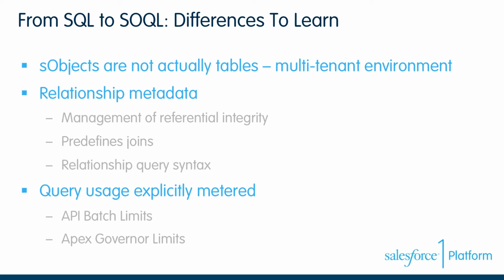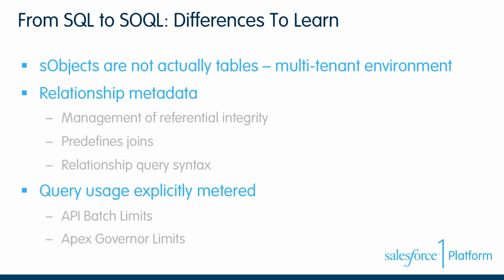The other thing that often trips people up when they first start working with force.com is, again, this idea of multi-tenancy and the fact that your usage is being metered. The reason to do that, as I said, is primarily to ensure that everybody gets fair usage and no one query can adversely impact any other parts of the system.